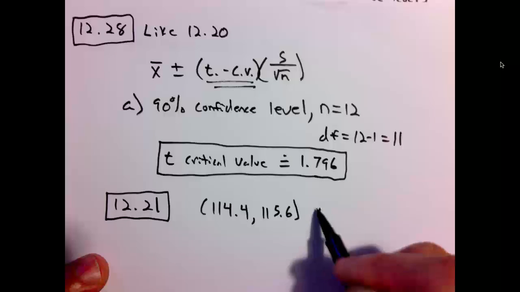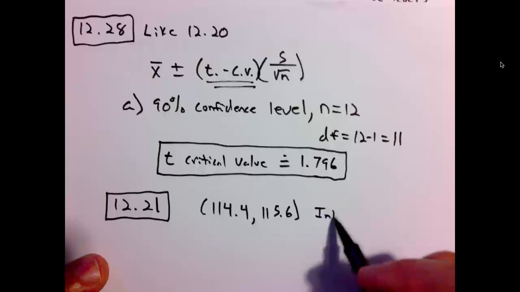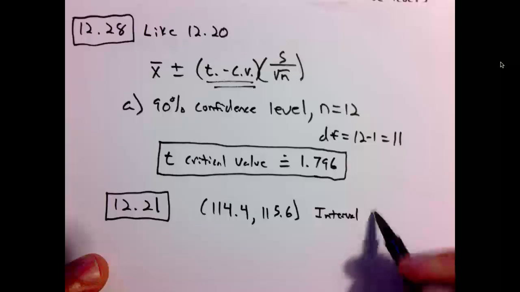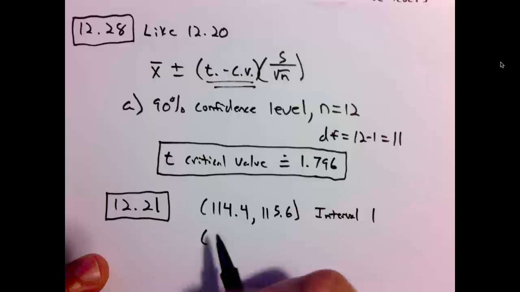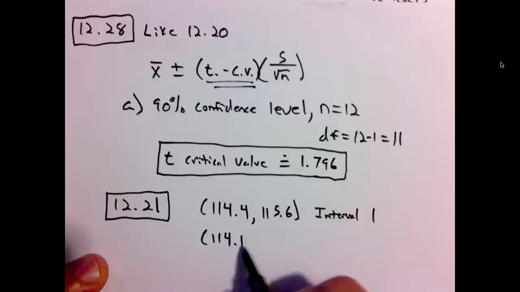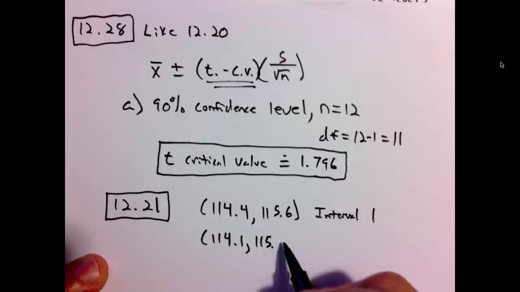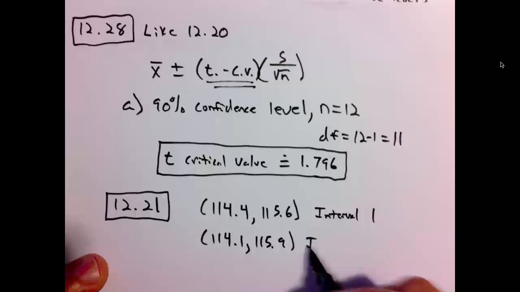I'm going to call this interval 1. And we have a second interval, 114.1, comma, 115.9, interval 2.